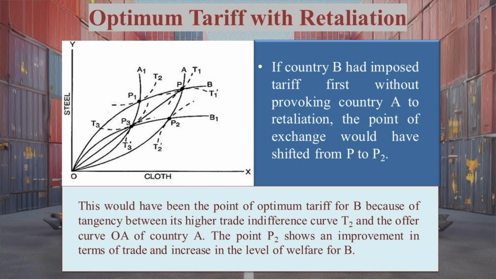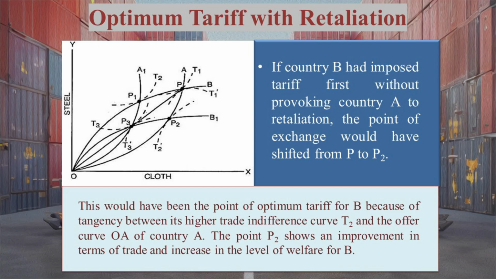So when country A imposes a tariff, its offer curve shifts from OA to OA1, and consequently there is an increase in TOT and the welfare of the tariff imposing country also. If country B had imposed a tariff first without provoking country A to retaliate, now in this diagram we see that country B retaliates by imposing a tariff.